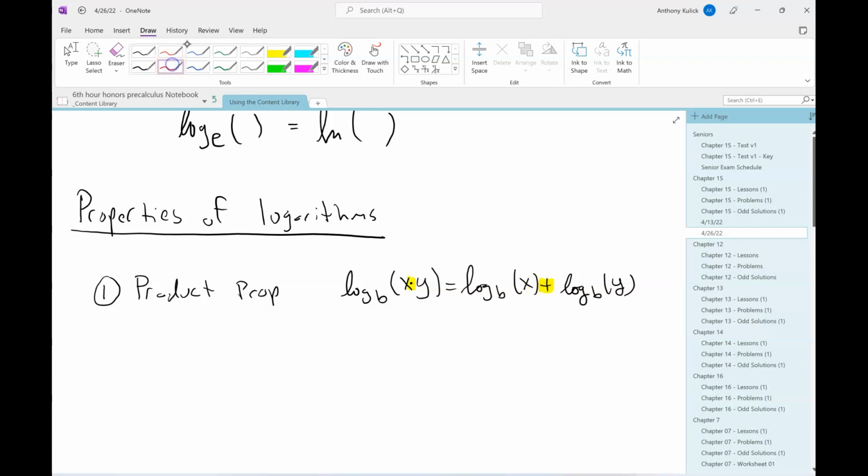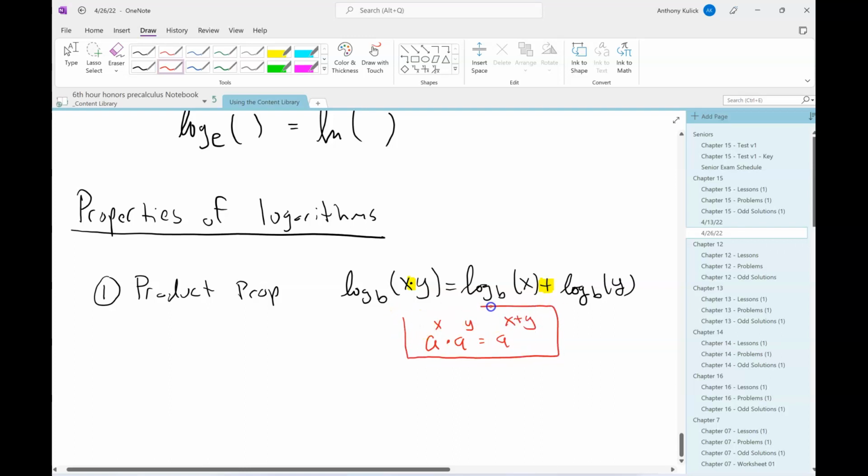And now that seems kind of strange, but it's really the same property that we saw for exponents, right? If I multiply 2 exponents with the same base, I add the exponents.